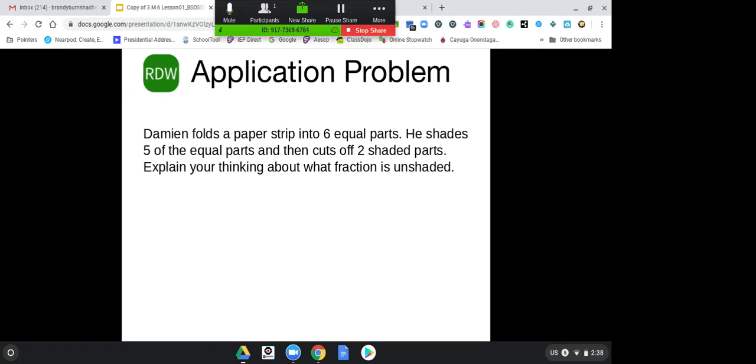Again, you're going to take a minute. Draw your strip into 6 equal parts. Draw it. Shade 5. He's going to cut off 2 pieces that he shaded. Explain your thinking about what fraction is unshaded.